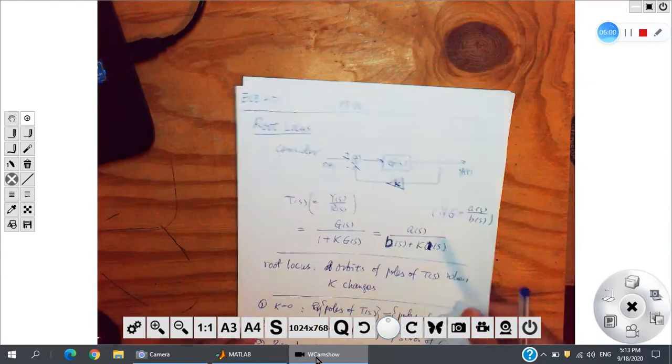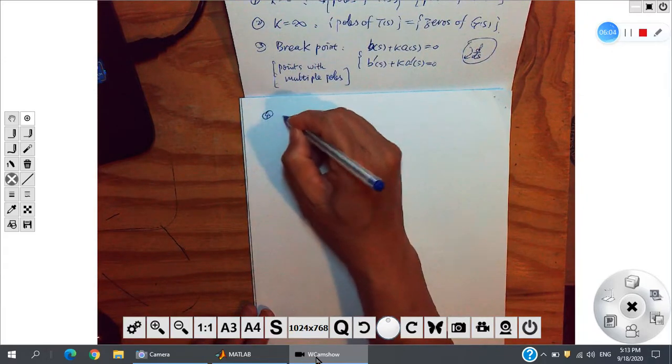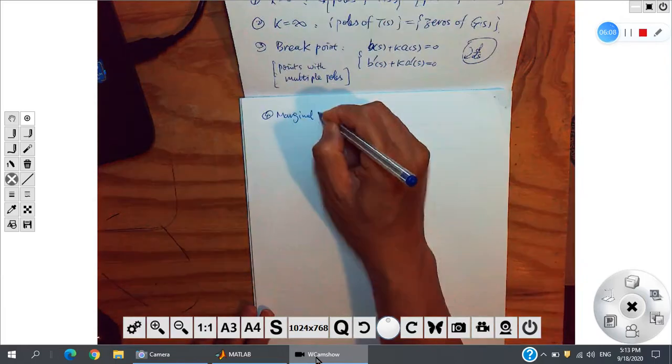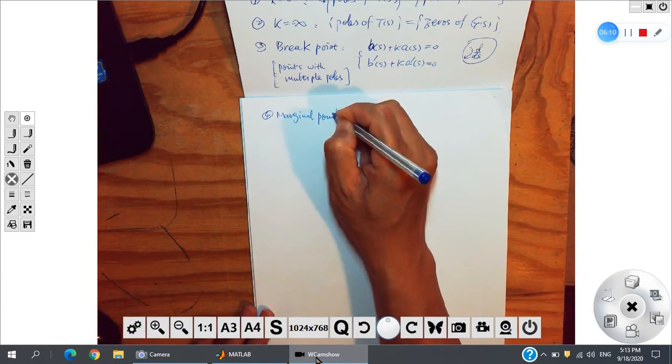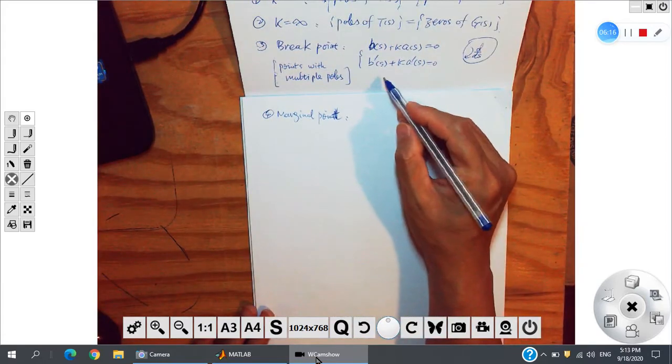And we also have the marginal point. We also need to solve for it.